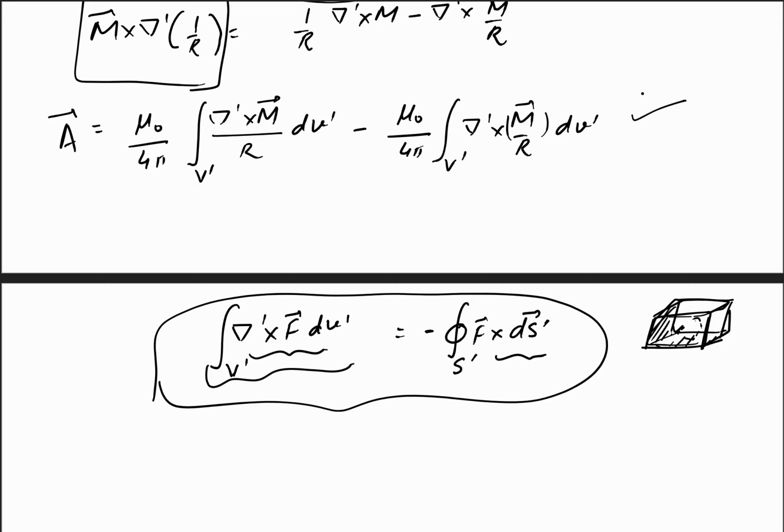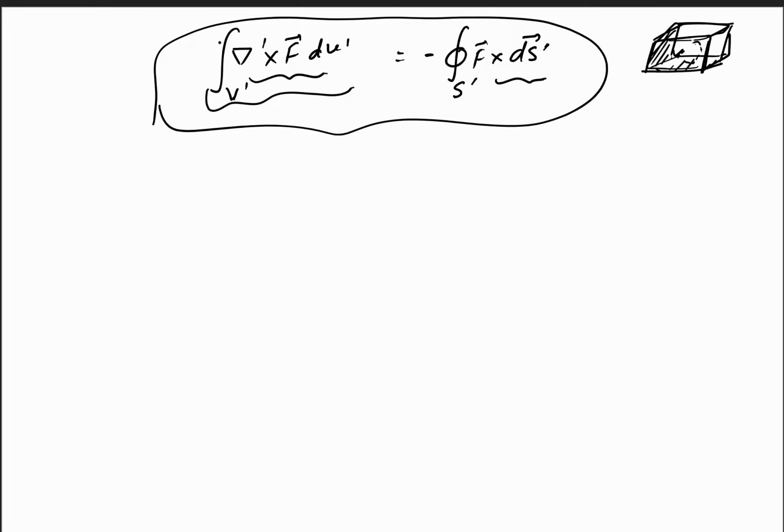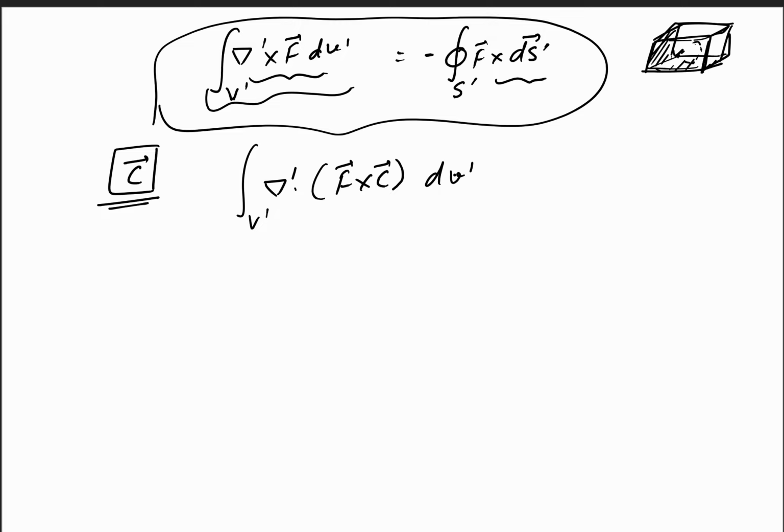To derive this, let us say that there is a constant vector C. Now let us take the divergence of this vector, F cross C, which is a vector, over a volume V dash, dv dash.